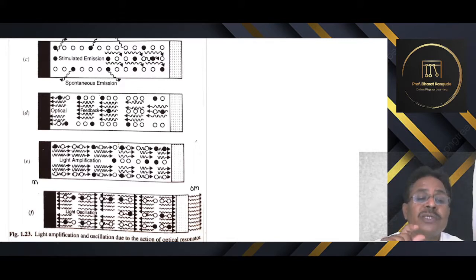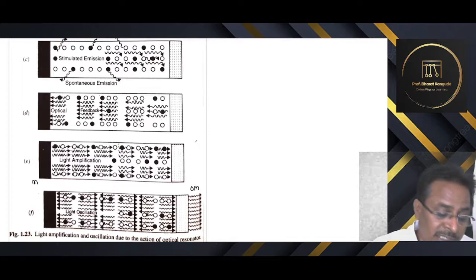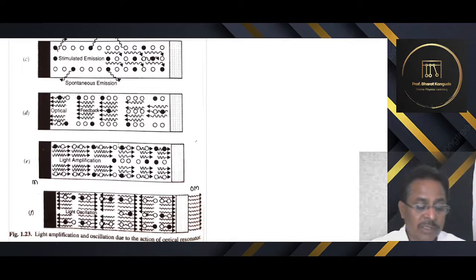That is the operation called light amplification. Finally, when sufficient light amplification is reached, since mirror M2 is semi-transparent, a laser beam can come out of this mirror M2 immediately, and that is how laser amplification is possible. So this entire process of action of the laser optical resonator is shown by this diagram.